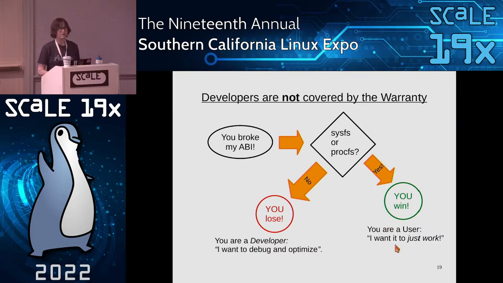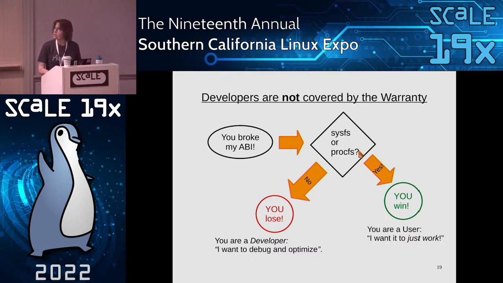And that is happening because you are a user. You are a Linux consumer who wants the system to just work. You aren't trying to tune it or configure it. You just want things to function as you anticipate.